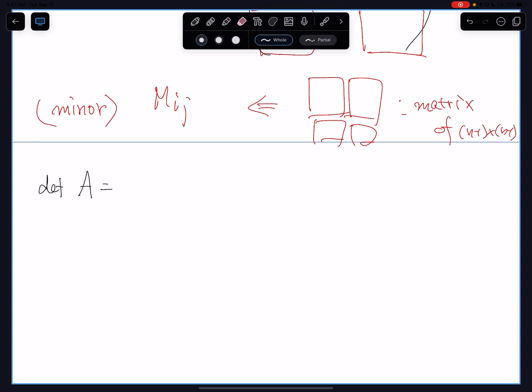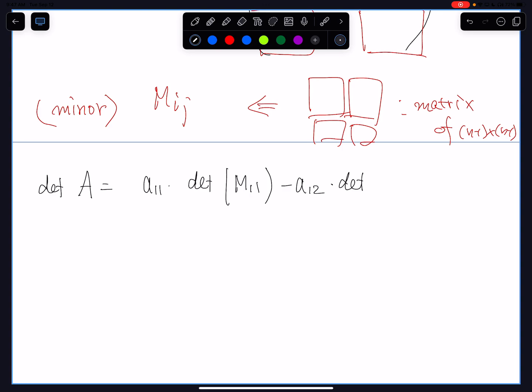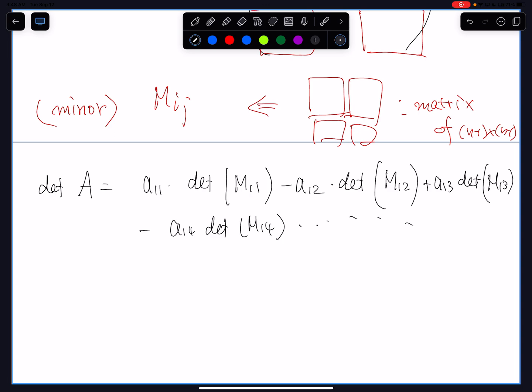Let me just write down the elements: A11 times determinant of M11, minus A12 times determinant of M12, plus A13 determinant of M13 and so on, minus A14 determinant M14 and so on. So you see these alternating signs here, right?